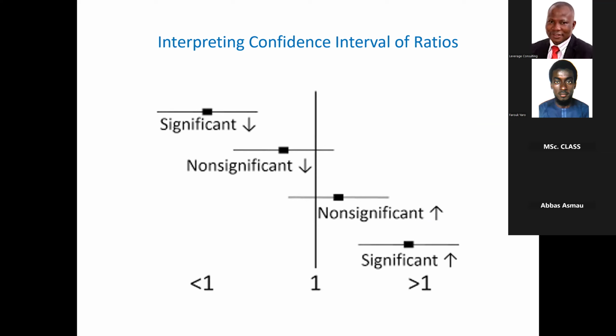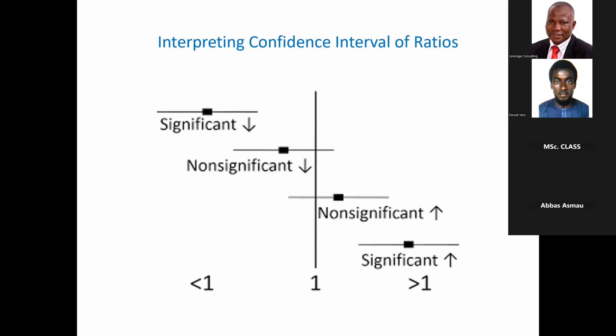The lower value of the confidence interval is the beginning of that line, and the end of it is the upper value. So it's possible you have a range of values from 0 point something to 0 point something that does not reach 1. Another one from 0 point something to anything after 1, which can be 2, 3, or any figure.